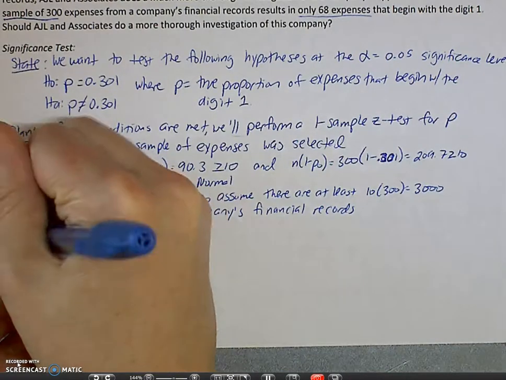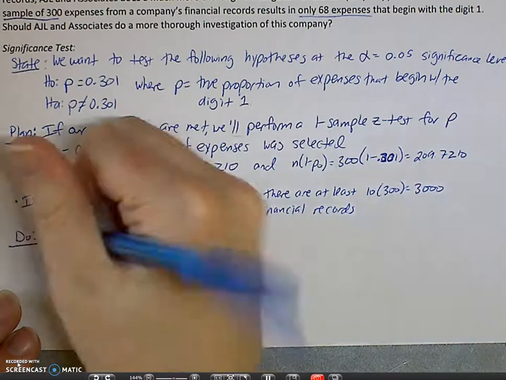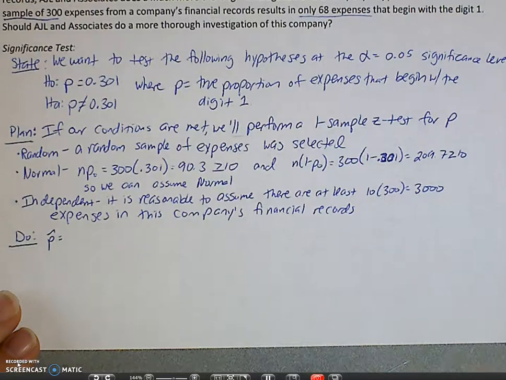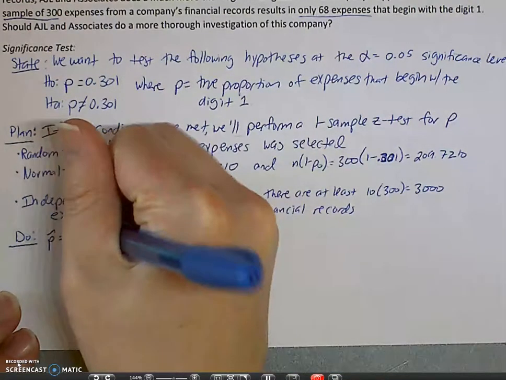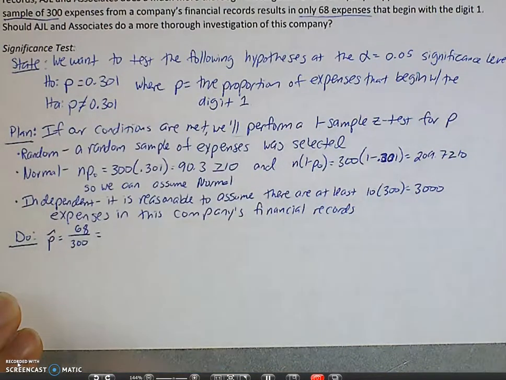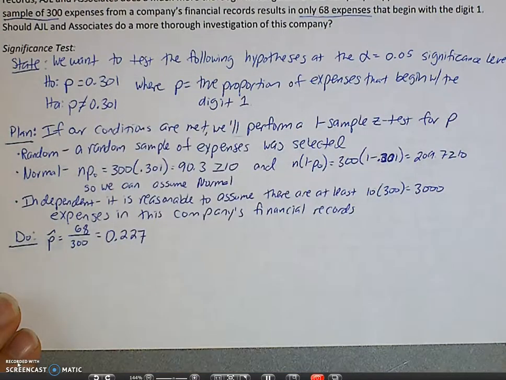So next comes the do, where we do the math. We need to specify our p-hat in this case. They didn't give it to us explicitly, so we have to calculate. 68 is our x. 300 is our n. 68 out of 300. Let's round to 3 decimal places here: 0.227.